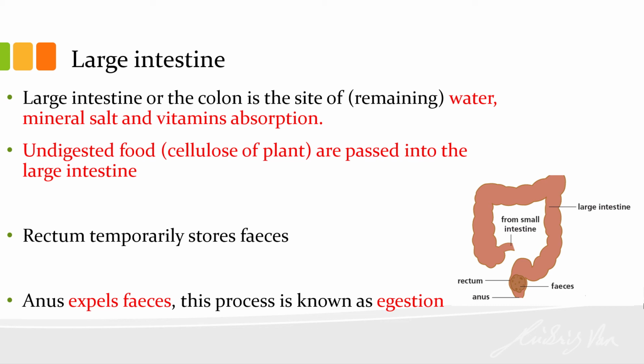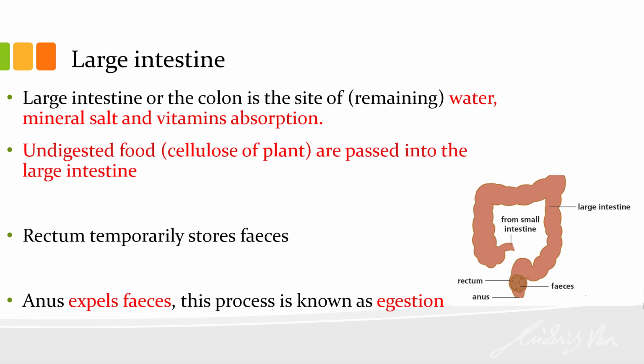The undigested food will move along the large intestine and get stored in the rectum. The rectum is the area just above the anus. So feces will be stored there, and when you are ready, the anus will expel the feces. This process is known as egestion.